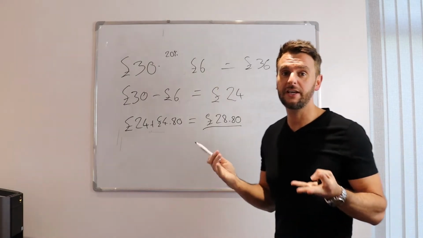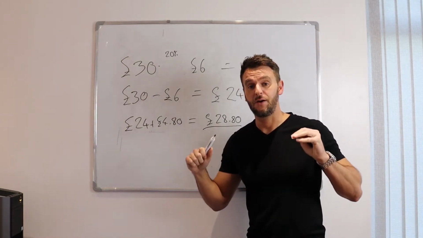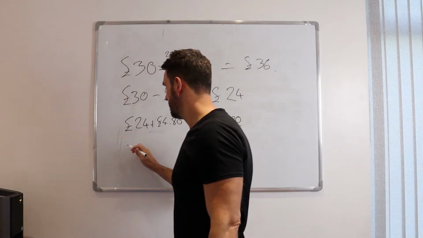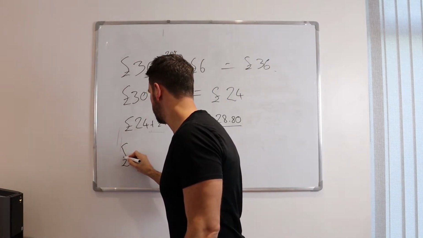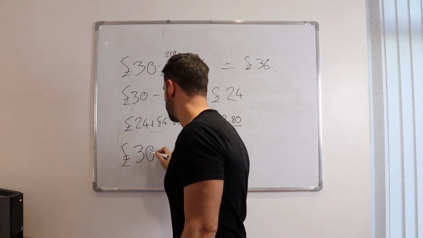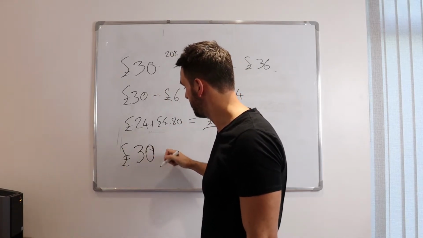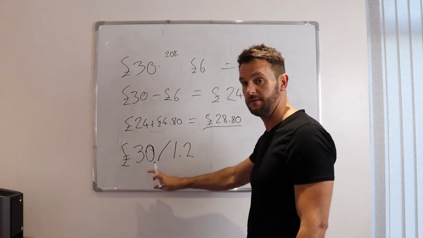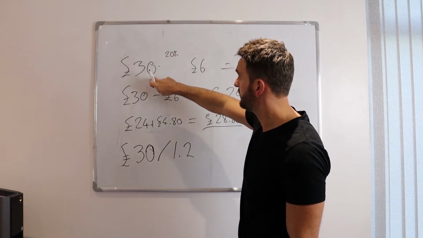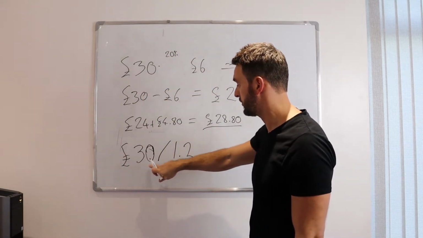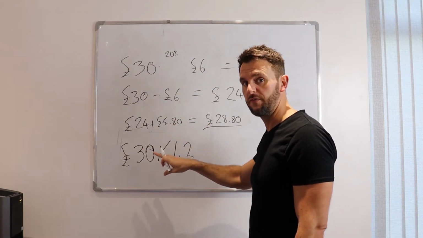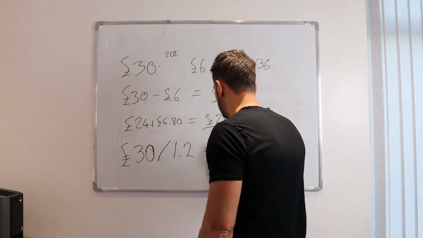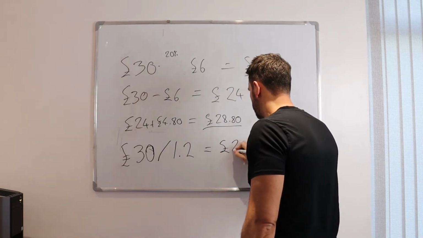So how do we correctly calculate VAT? Here's our figure of £30. We're going to divide that by 1.2. We're not going to get 20% of this figure, we're going to divide it by 1.2 to work out what the figure is minus the correct VAT. That will equal £25.